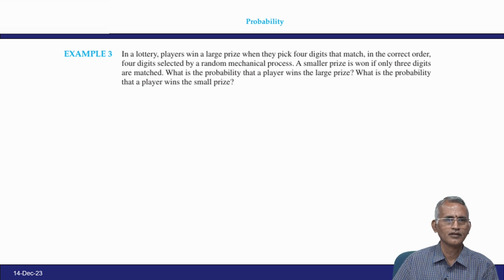Further, some more examples. In a lottery, players win a large prize when they pick 4 digits that match, in the correct order, the 4 digits selected by a random mechanical process. The smaller prize is won if only 3 digits are matched. What is the probability that a player wins the large prize?